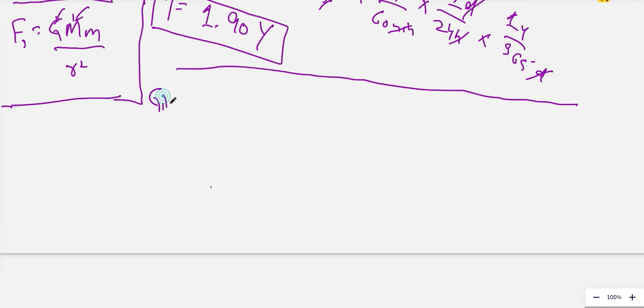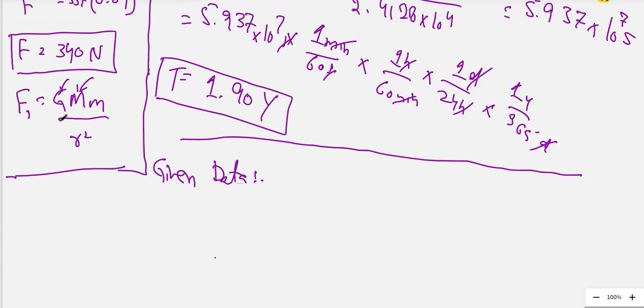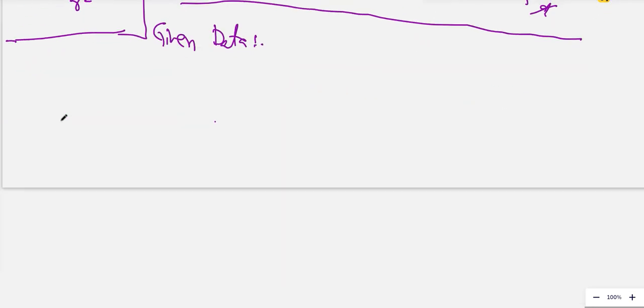First of all, the given data, what values we have. The radius of the Moon is 1.74 times 10 raised to power 6. You have to memorize this as well because this may not be given in the question. The given distance d is equal to 25 meter.